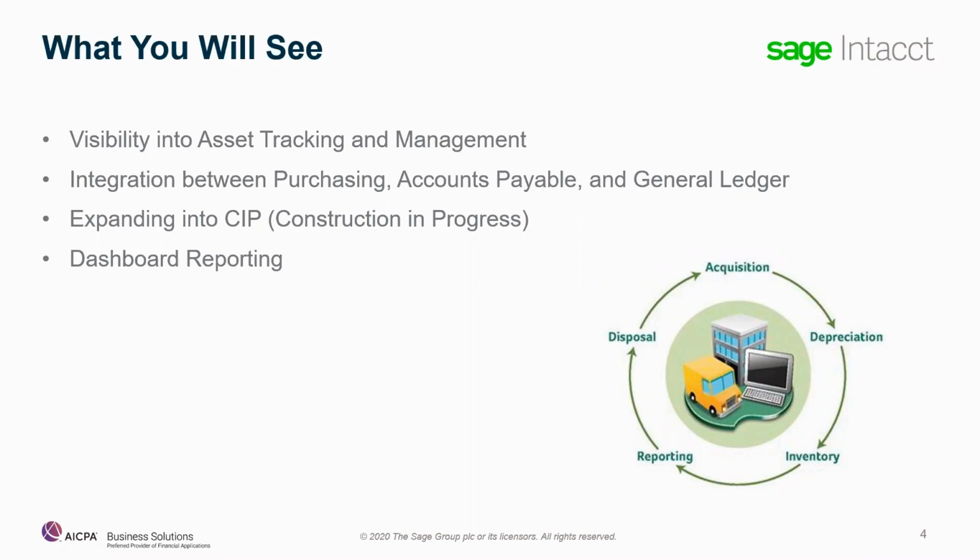So it's a natural thing for you to acquire an asset through Purchasing and/or Accounts Payable, put that asset into the fixed asset master, and then have that depreciation calculated automatically and posted into the General Ledger. That's the value of moving to an automated solution.